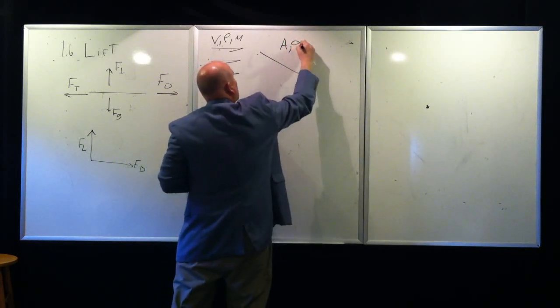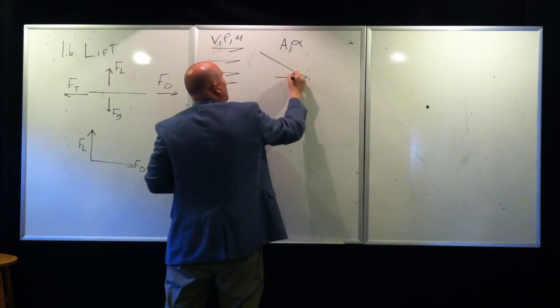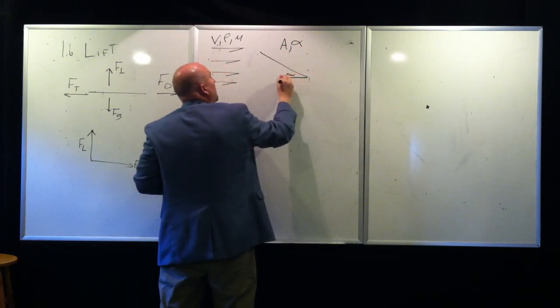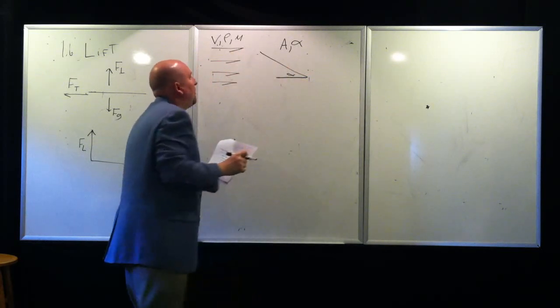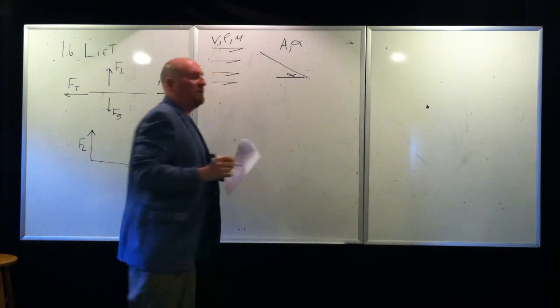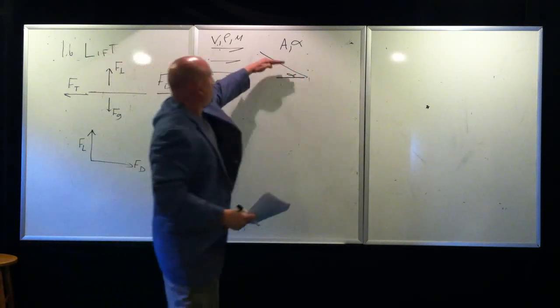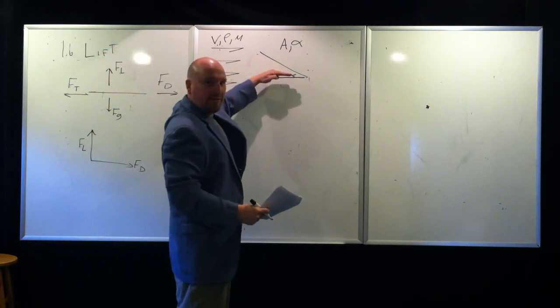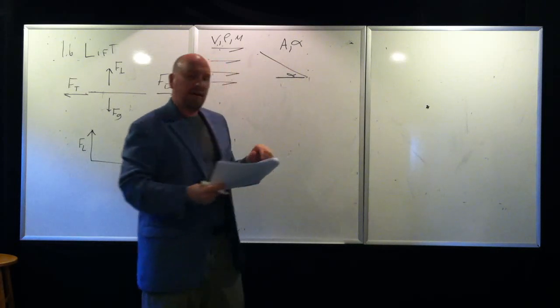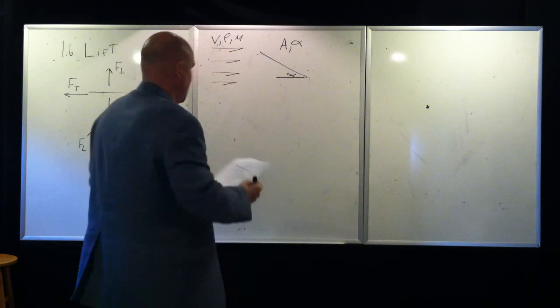And then also the angle at which it is tilted relative to the flow. And we're going to call that alpha. Alpha is going to be the angle of the flat plate. So we can have a flat plate completely flat in the flow, or we can angle it up so it increases the lift.